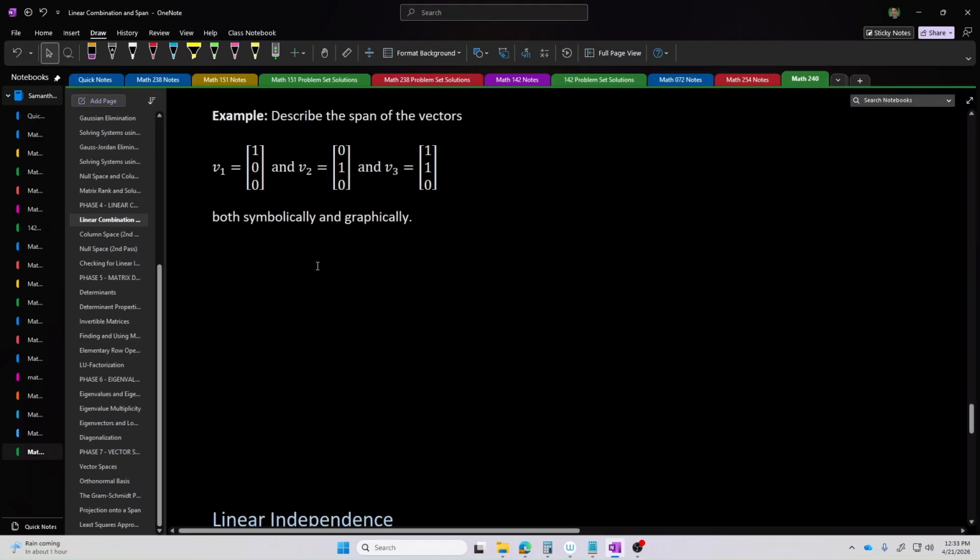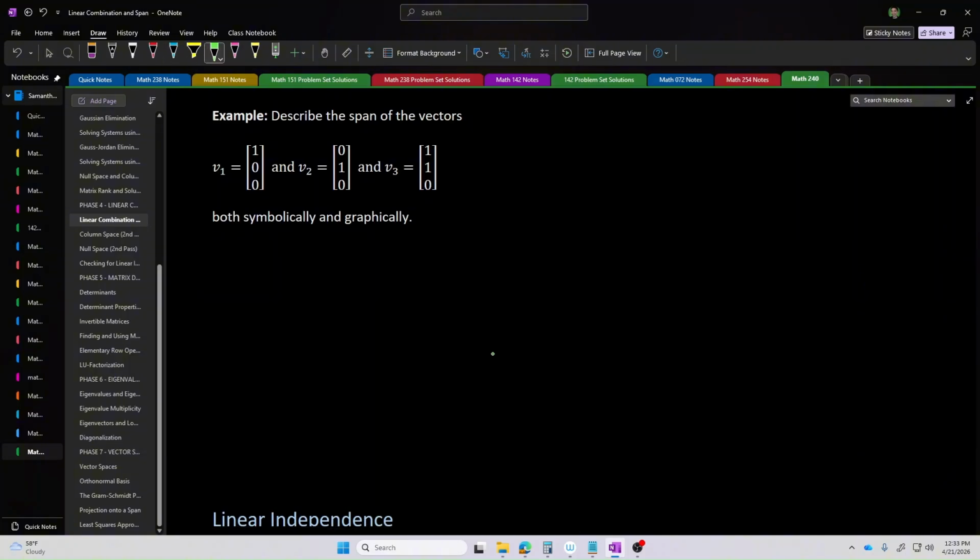For example, here, if I had the vector v1 equals 1, 0, 0, and the vector v2 equals 0, 1, 0, but my vector v3 is equal to 1, 1, 0, I think that this set contains a certain amount of redundancy that's going to limit what can be produced by the span of these vectors.